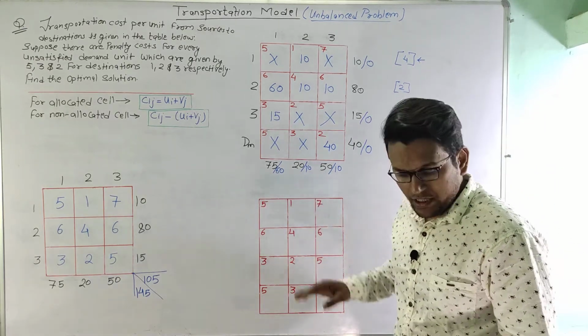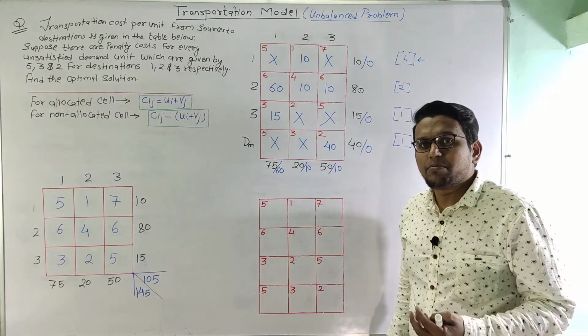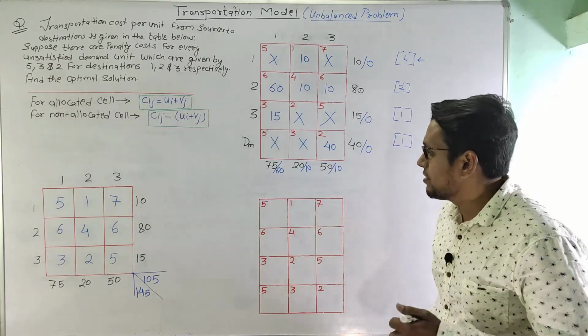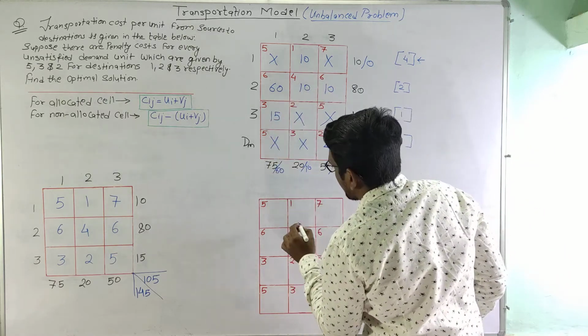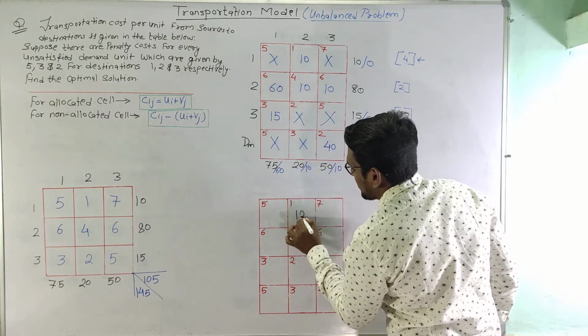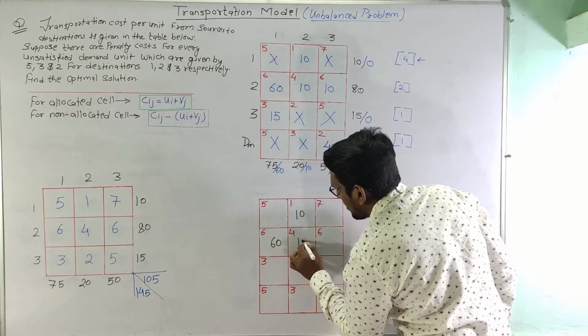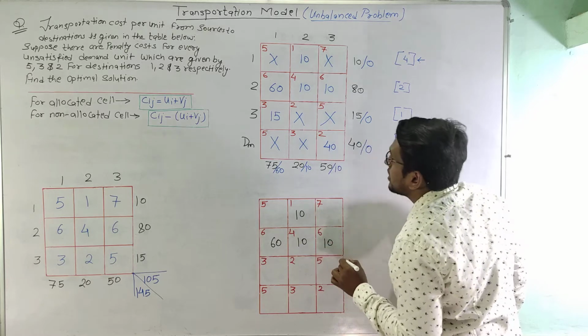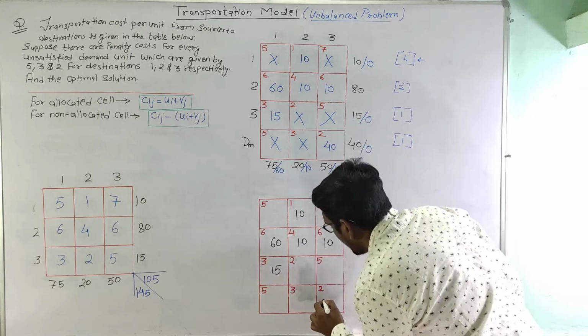Now to check the optimality we will use the modified distribution method, or MODI method, and so let us allocate these values here. The allocations after the basic feasible solution are 10, 60, 10, 10, 15 and 40.